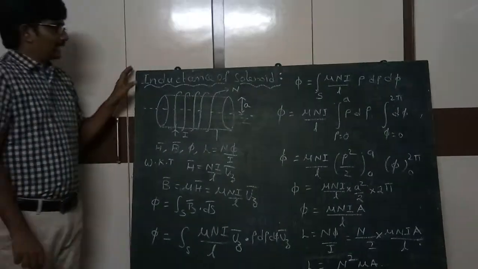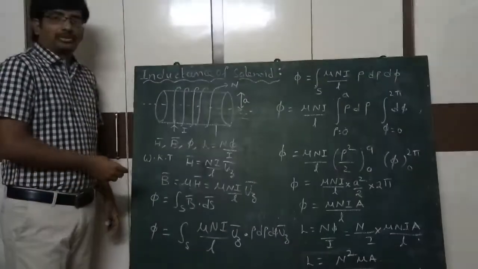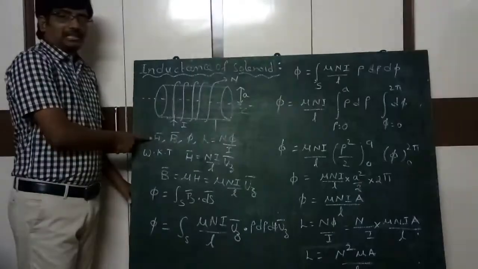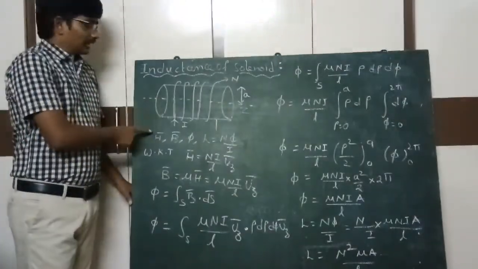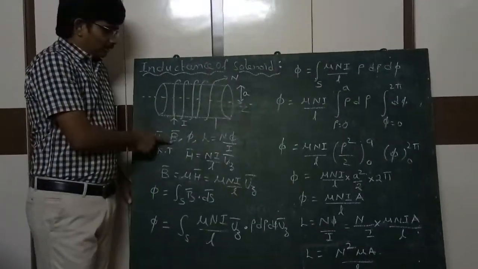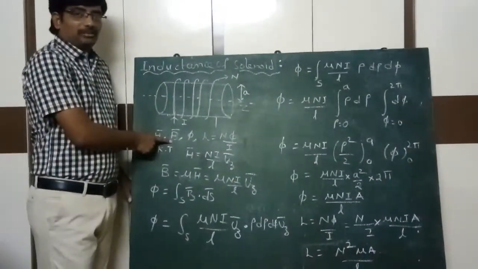In order to determine inductance of the solenoid, first we need to determine the magnetic field intensity at any point in the magnetic field developed by the solenoid, and then the magnetic flux density, that is B bar.